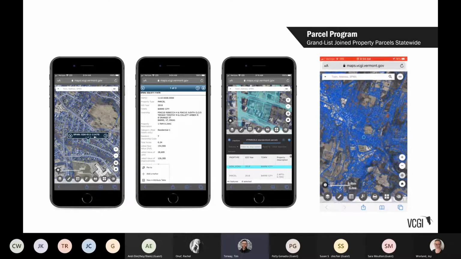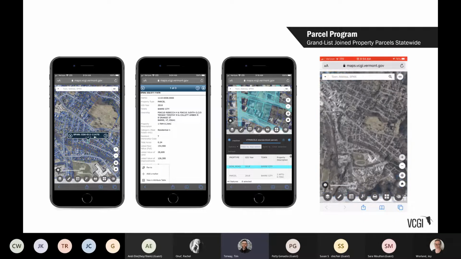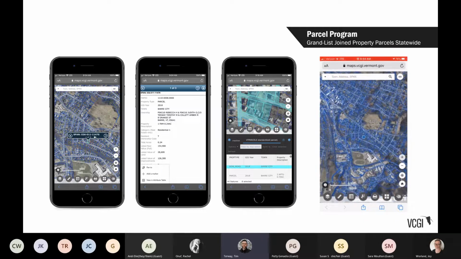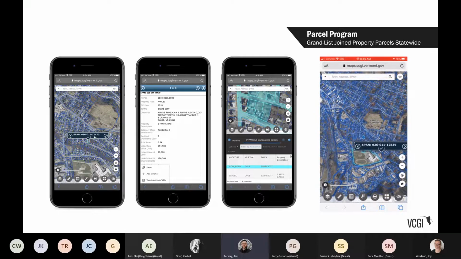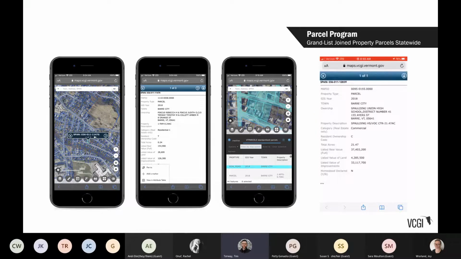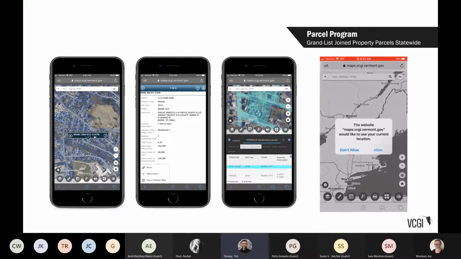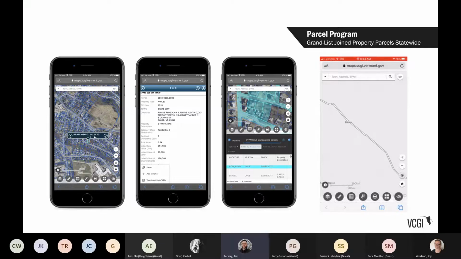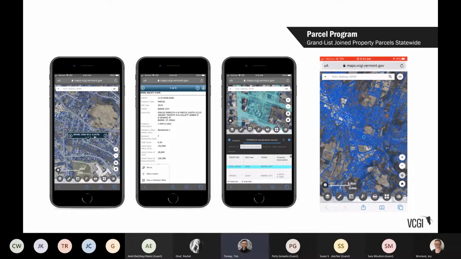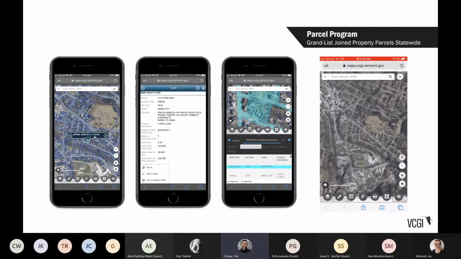It's also mobile ready. If you have the good fortune to be somewhere in Vermont with a relatively reliable cell phone data connection, you can view parcel data relative to your location via GPS out in the field. For example, if you wanted to understand where you are, or someone's rough estimate of property parcel lines.